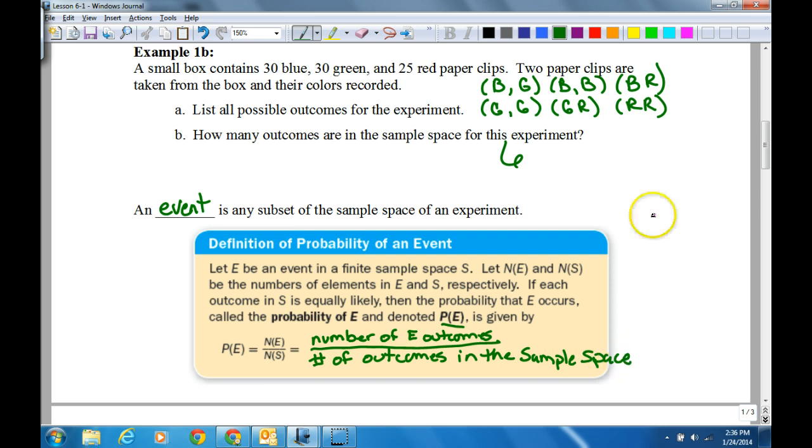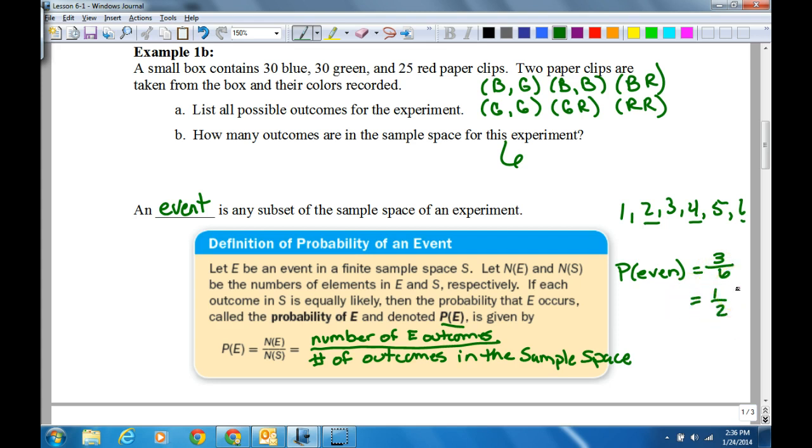Real quick, say you have a dice. What are your possible outcomes if you roll a dice? 1, 2, 3, 4, 5, and 6. I want to know what is the probability of rolling an even? You have 2, 4, 6, so it'll be 3 over the total possible, which is 6. And you could reduce that down to 1/2.